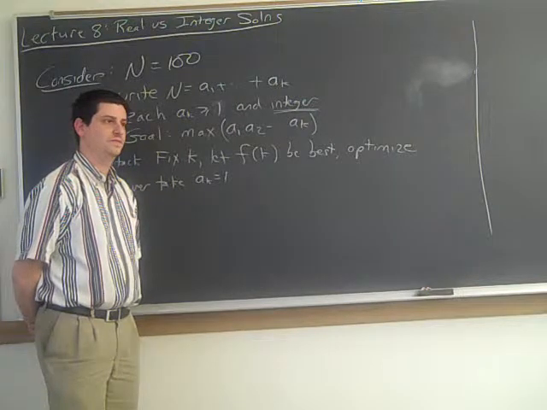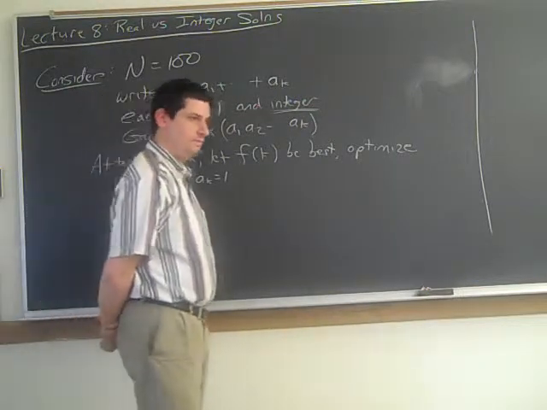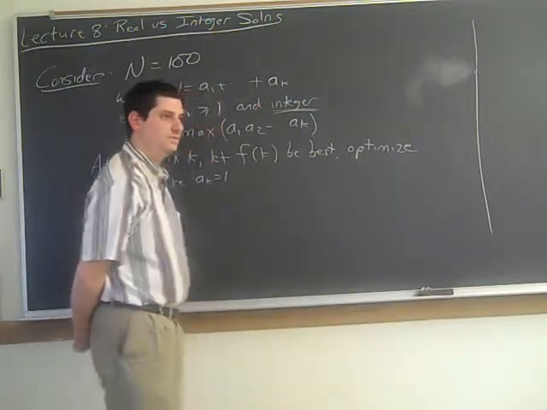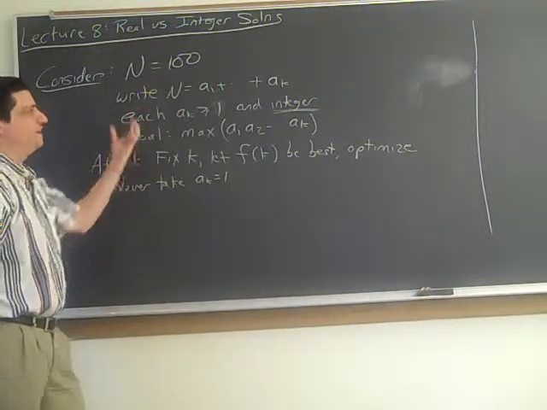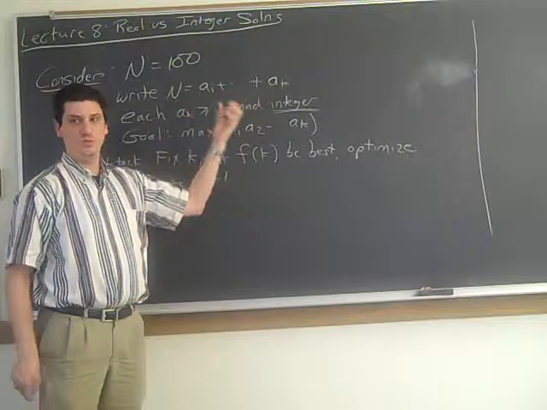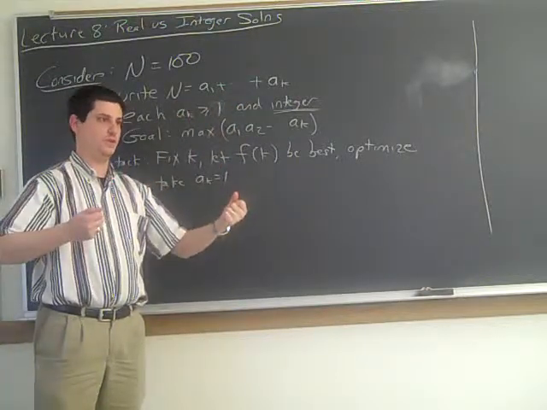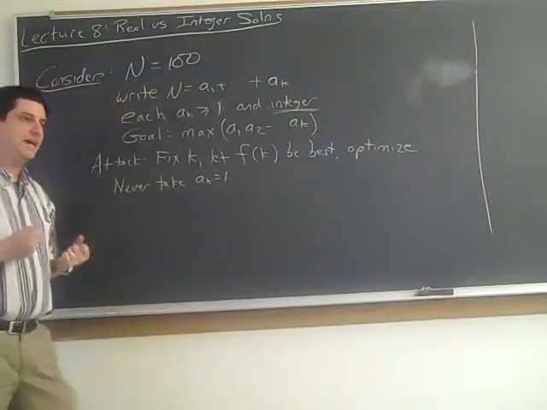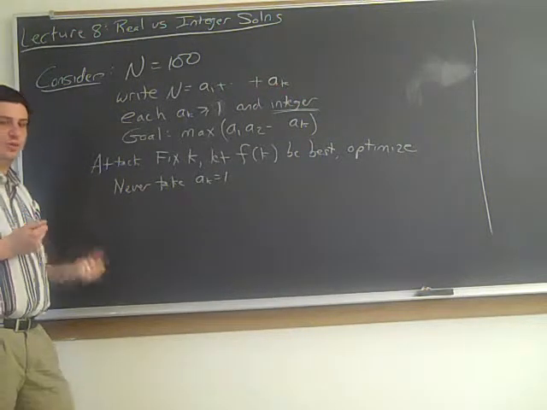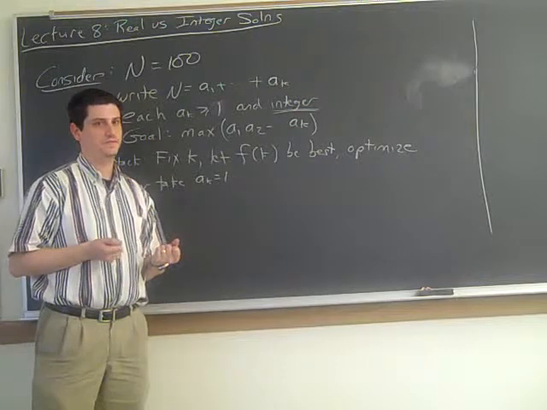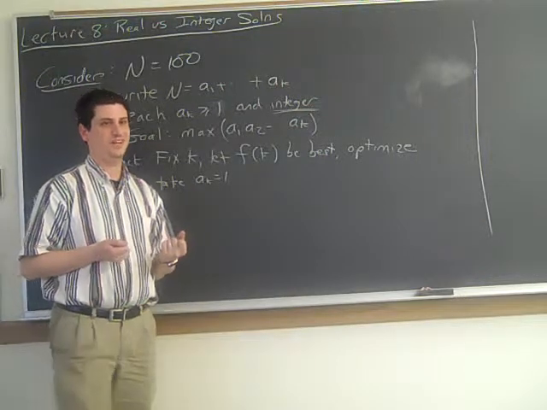But if it's 50 and 50, then what you get is 2,500. Okay, good. So we know that we don't want to take any of the values to be 100, because we could split up into 50 and 50 and we would do better. What about 99? What could we split 99 into?